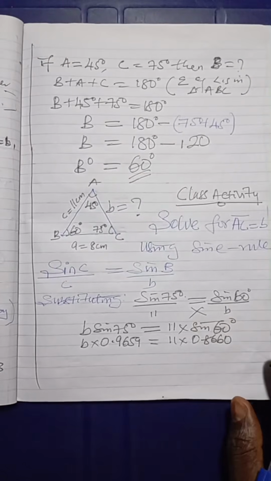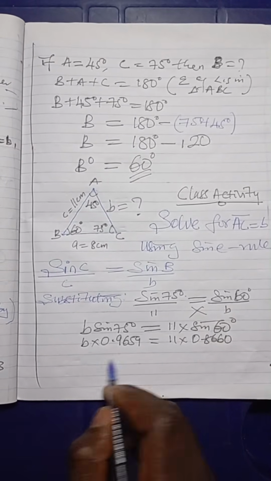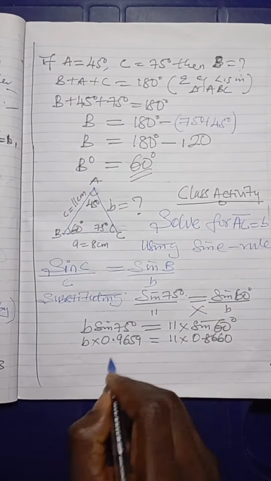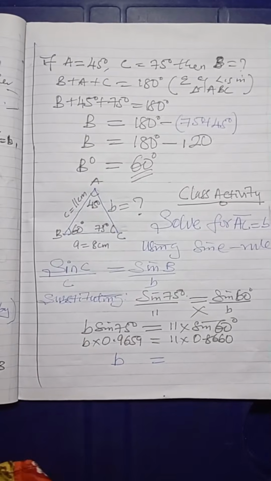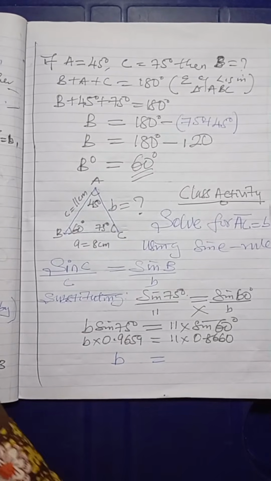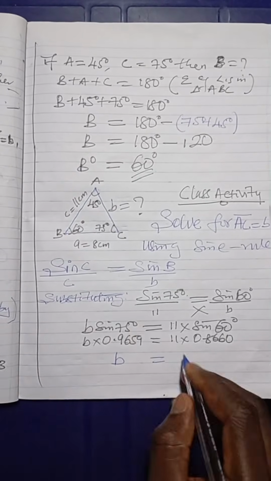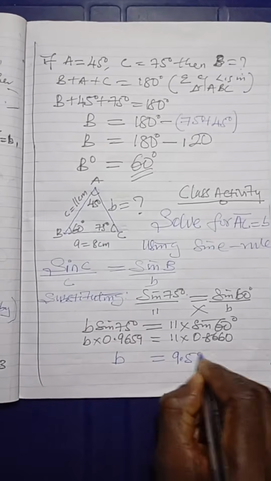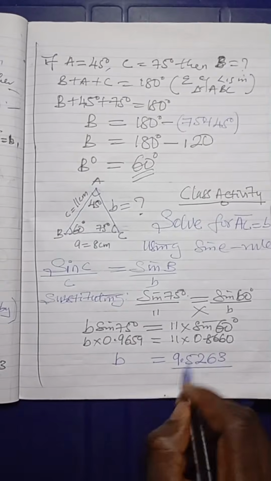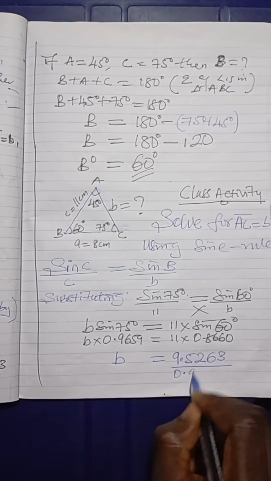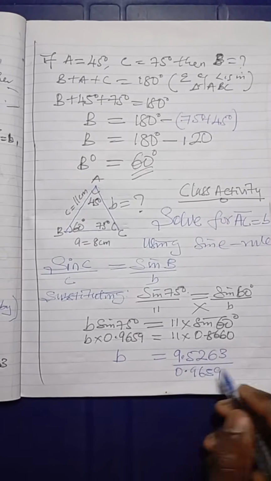Alright, let's proceed. Now divide through by the coefficient of b. So b is equal to 11 times 0.8660, that is sine 60 times 11. You have 9.5263 divided by 0.9659.